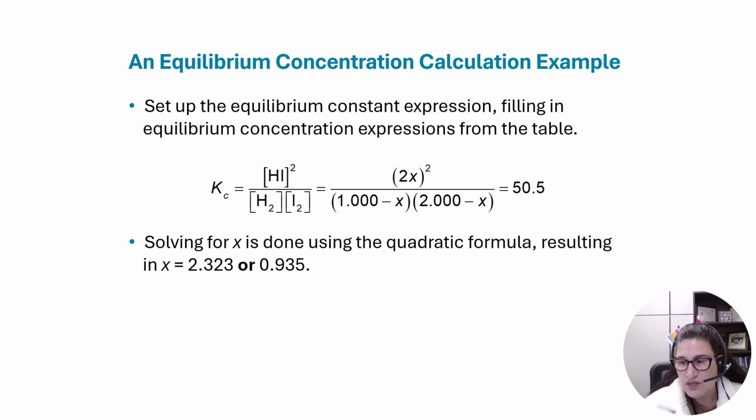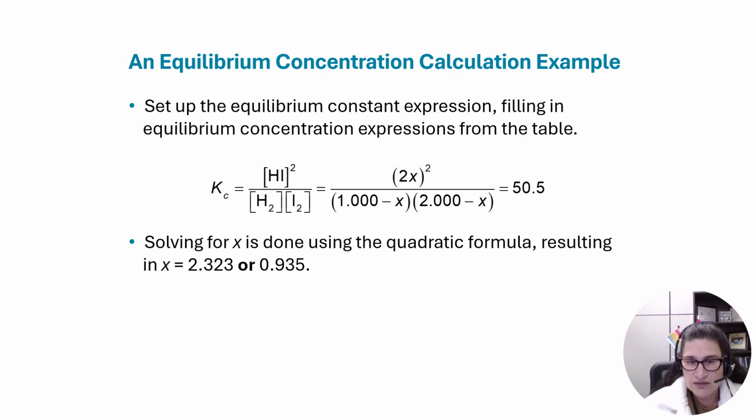So anytime I do the quadratic, I get 2 roots. Sometimes one of them is negative, sometimes one of them is positive. In this case, they're both positive, but only one root will work. And you're saying, well, how do I know? Well, in this case, I have 1 minus x. So x can't be 2.3. That means I would end up with a concentration that was negative, and that's not possible.